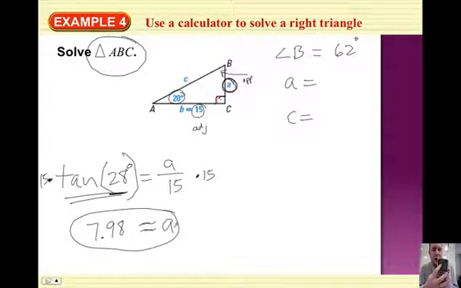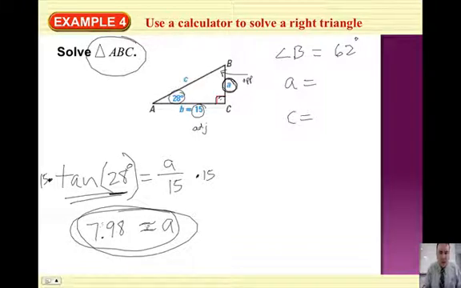You have to choose degree because it says tangent of 28 degrees. Now later we're going to deal with radians the next couple sections. So make sure you're in degree mode when you type this in. If you're not, I've seen people mess up tests and quizzes just because they're in wrong mode. So don't let that be you. Here we go. A is 7.98.